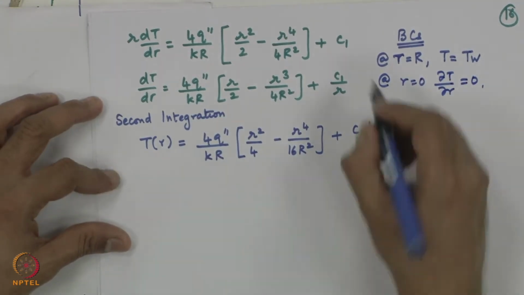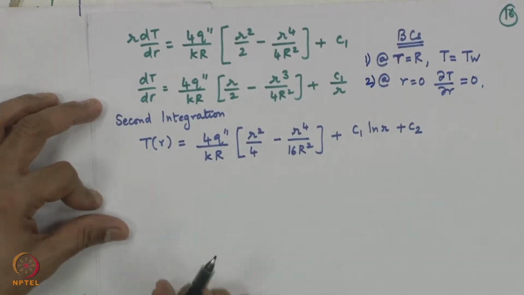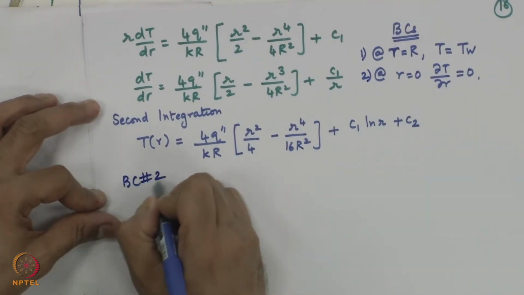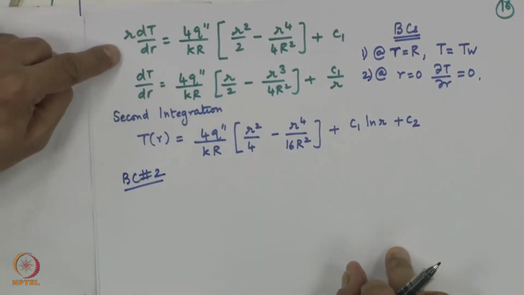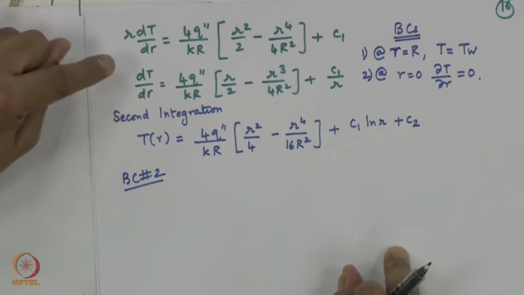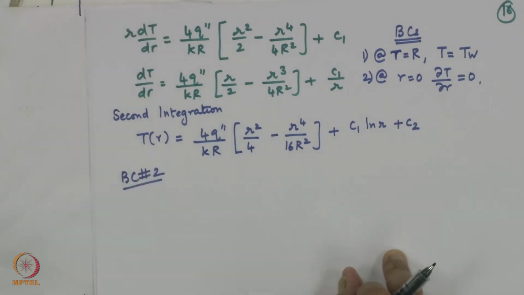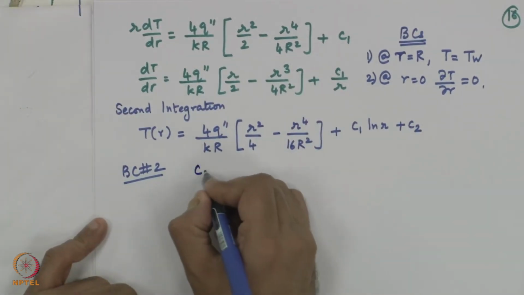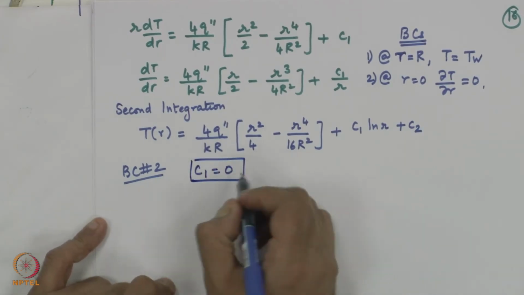Therefore, I substitute boundary condition number 2 in my expression here, first one. I do not use this because it is not so nicely manipulative. So, r is equal to 0, dT by dr equal to 0, left hand side is 0, substitute r equal to 0, I get C1 is equal to 0. This was exactly what we got in the velocity profile, correct.